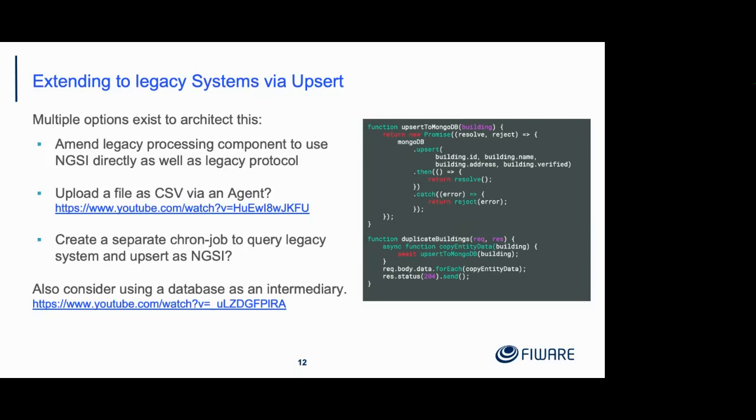Obviously, you can add in plugins in that case to modify things as necessary, but it's the same as trying to deal with a legacy system. So yeah, within your domain, upsert to your context broker, and your context broker will hold the entities. Won't do anything else, but it'll at least hold some entities.